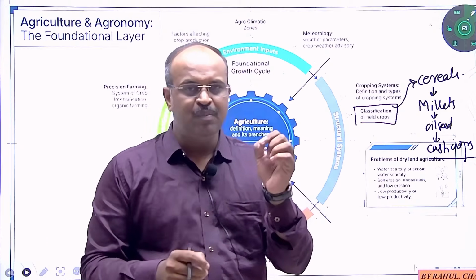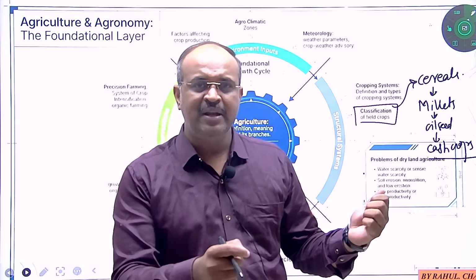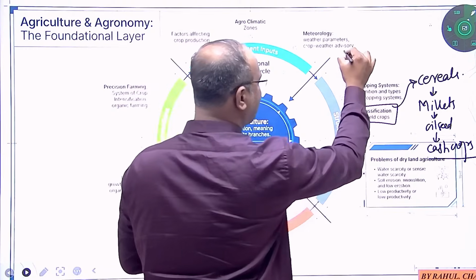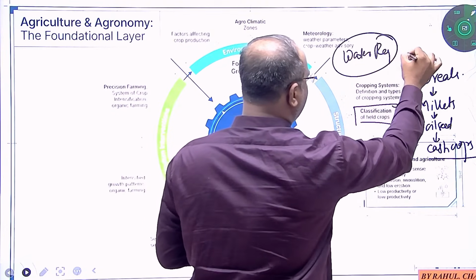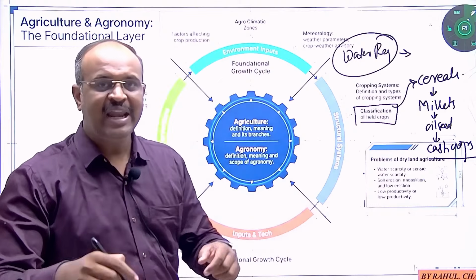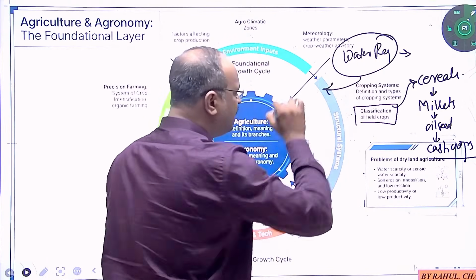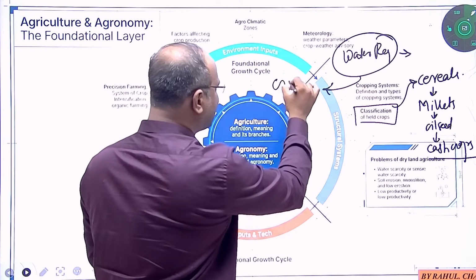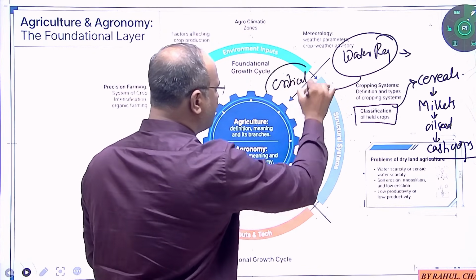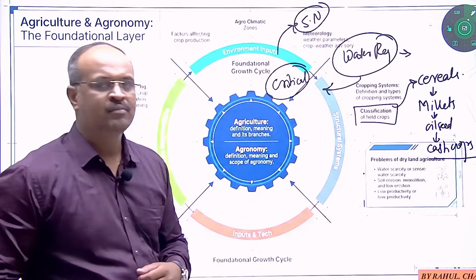Why? Because a small point can be asked in the exam. Say for example, they can ask you what is the water requirement for rice, or they can ask you the critical growth stages of the crop, or they can ask you the scientific name of that particular crop. Getting?